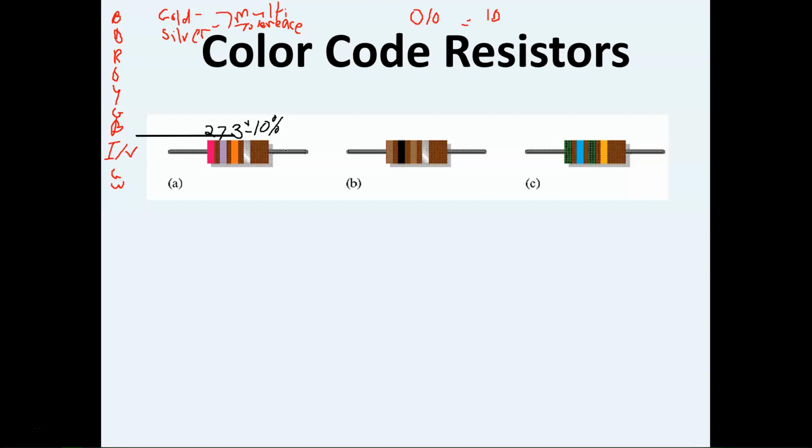Okay? So when I start decoding this, I'll say 2, 7, and my third band is my multiplier, so that's times 10 to the third, and then plus or minus 10%.